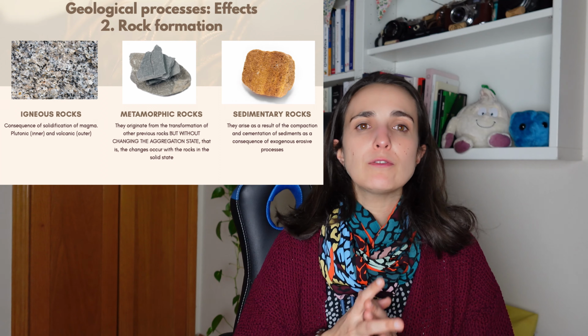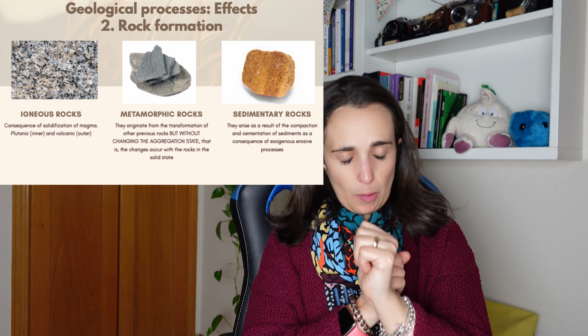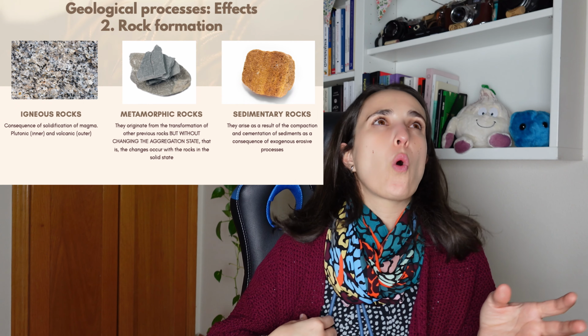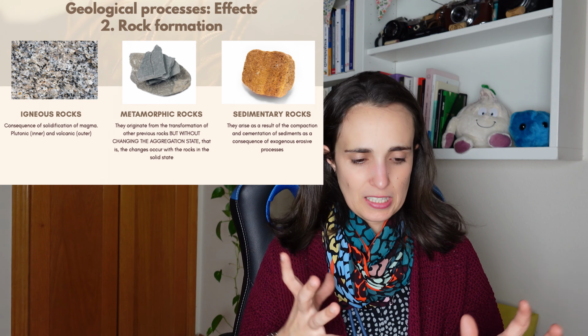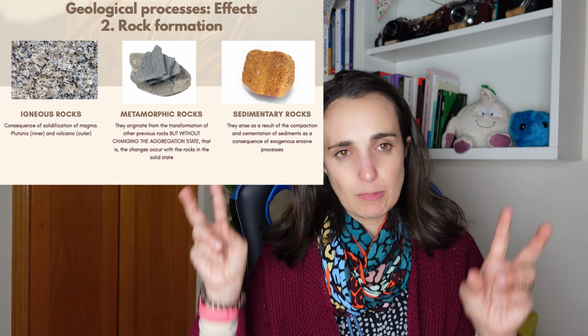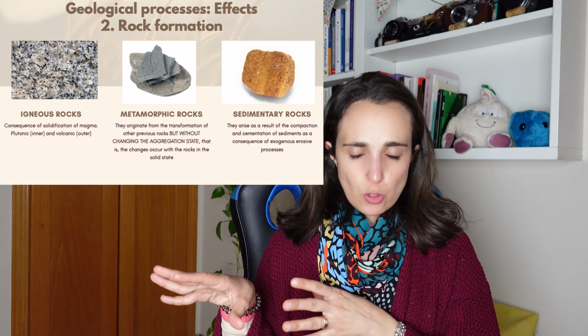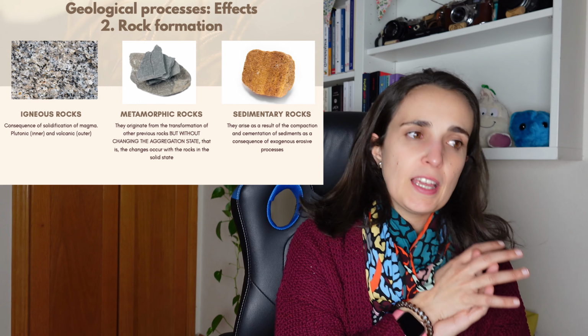Up to now we can find 3 main types of rocks, okay? Igneous or magmatic rocks. I prefer the name igneous. Magmatic is quite old and is not as general as igneous, but you can find both and they are more or less synonyms. So we have igneous or magmatic rocks, metamorphic rocks, and sedimentary rocks.